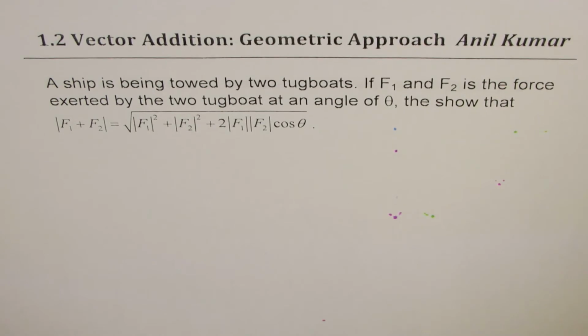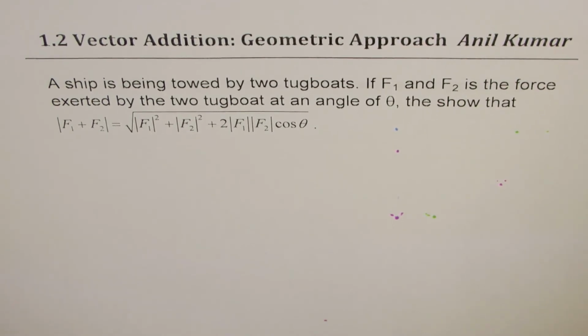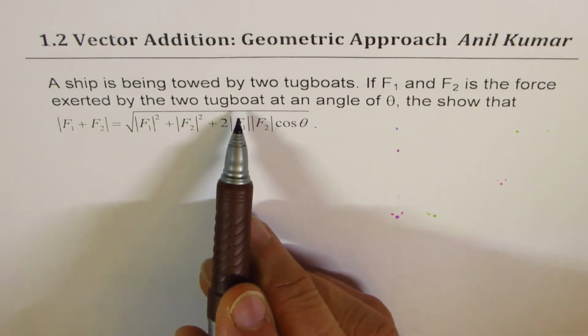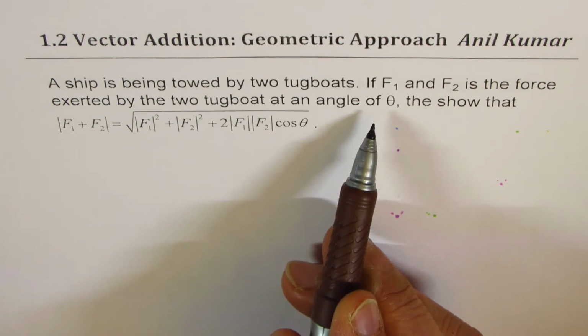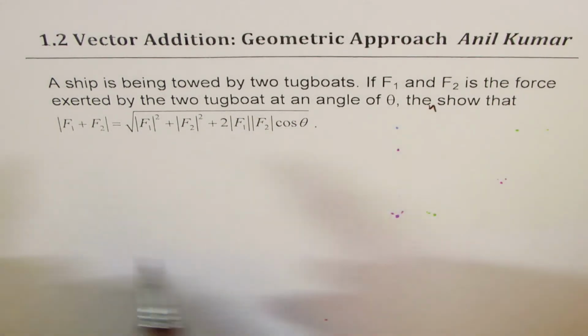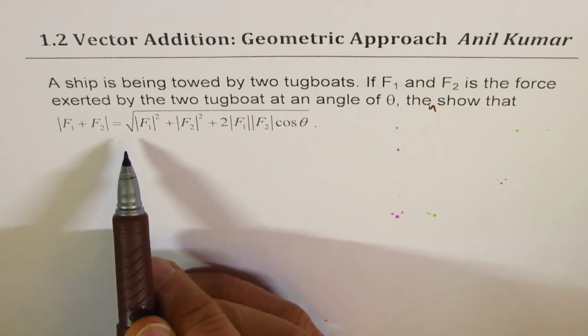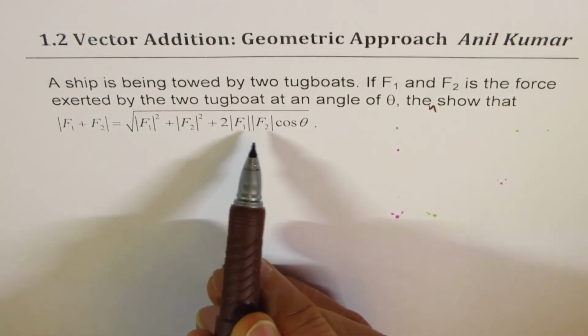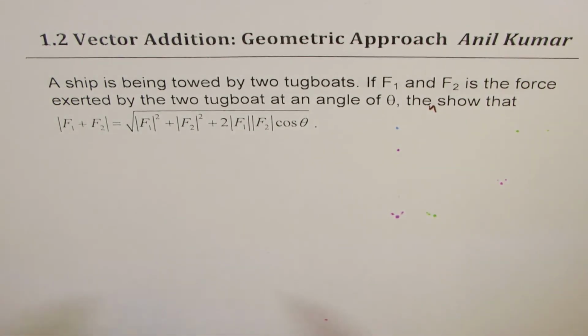A ship is being towed by two tugboats. If F1 and F2 is the force exerted by the two tugboats at an angle of theta, then show that F1 plus F2 is equal to square root of F1 square plus F2 square plus 2 F1 F2 cos theta.